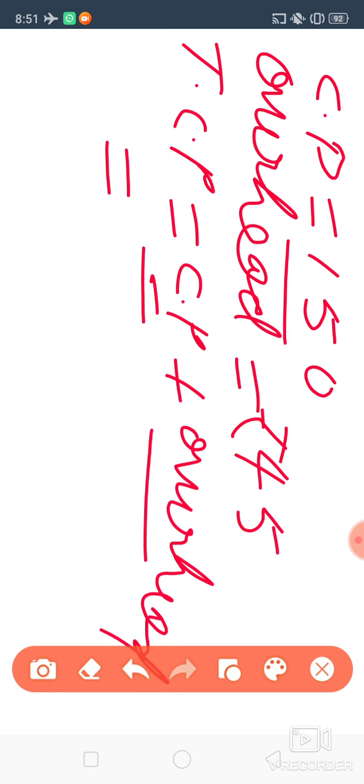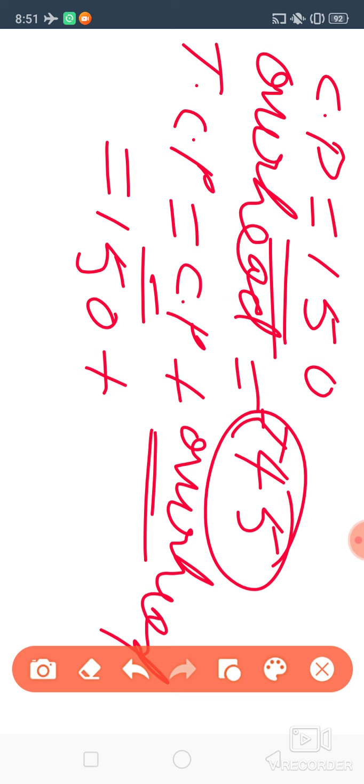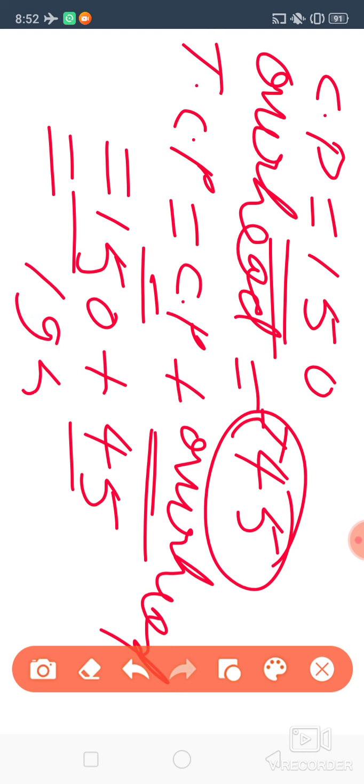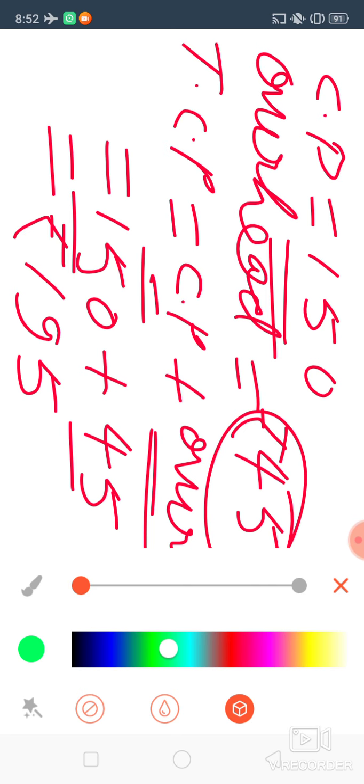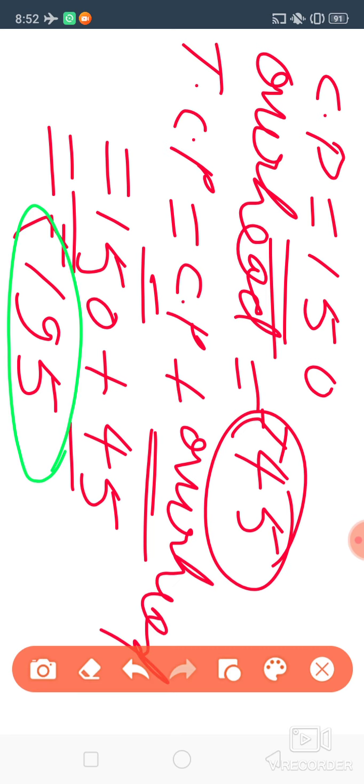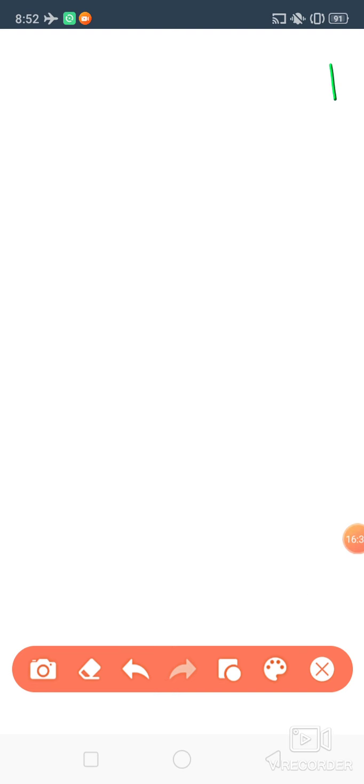So CP is given 150 rupees, 150 plus overhead 45 rupees. So 150 plus 45, if you add it, how much will you get? 195. So this is your total cost price, 195.